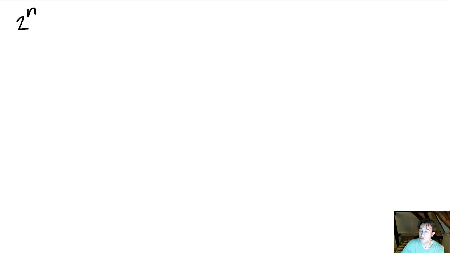So if you have 3 different statements, then it's 2 to the power 3, that means 8. So 2 to the power 4 is 16, 2 to the power 5 is 32, 2 to the power 6 is 64. So it gets bigger and bigger.